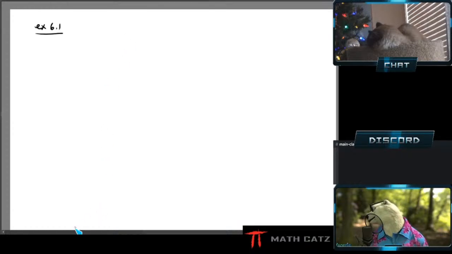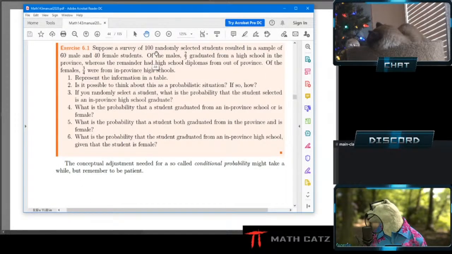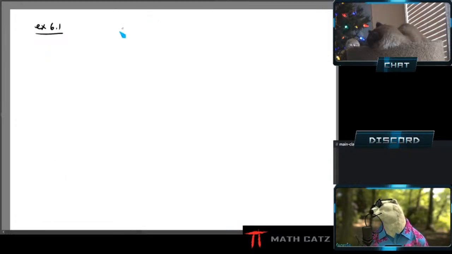Okay, so if I select a person, notice that that person has two traits, two qualities, two properties. They can be male or female, and they can come from in province or out of province. And any combination of those, right? So I'm going to make a table. It doesn't matter which one is the row and which one is the column.